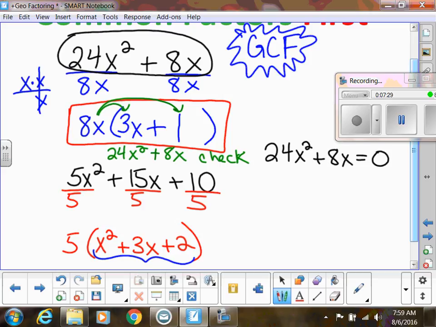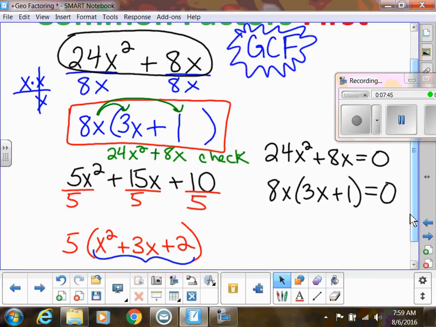So one way we can use factoring to solve is we use our greatest common factor, and when we factor that, that came out to be 8x times the quantity 3x plus 1, and that was equal to 0.